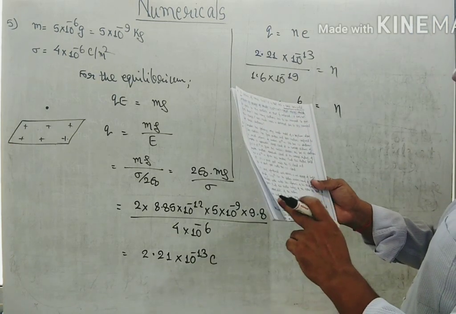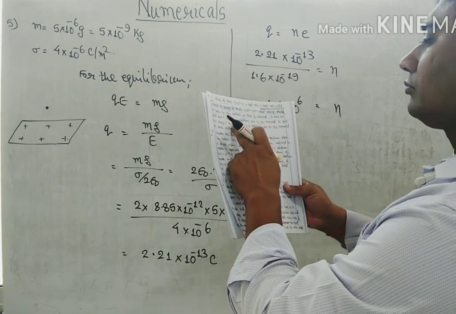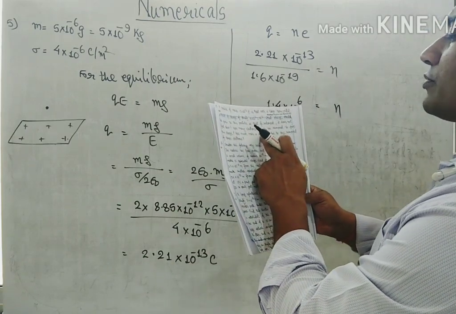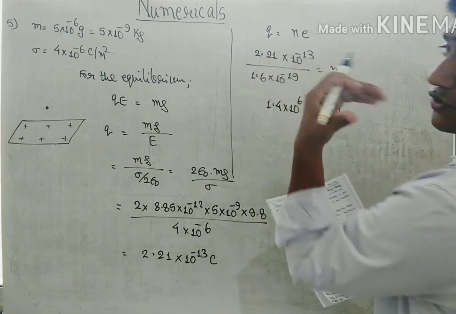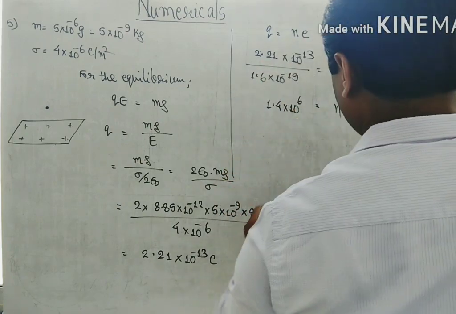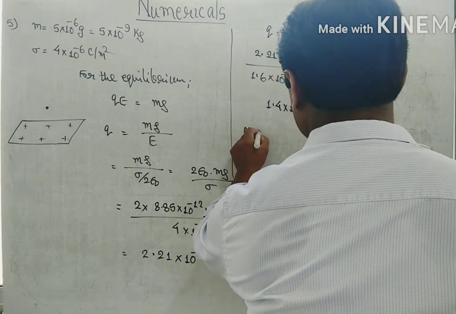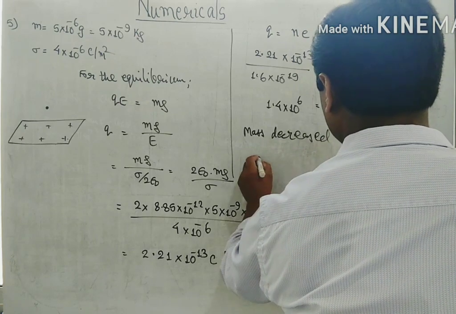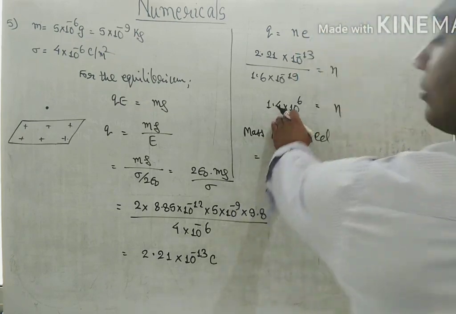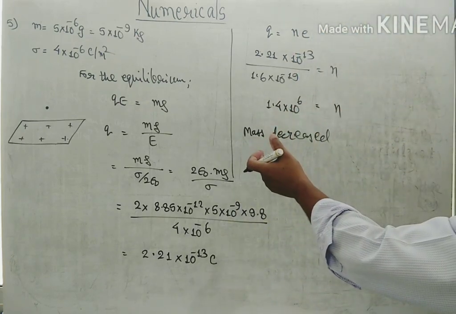Okay, now moving ahead, how much mass is decreased when this many electrons are removed? The mass decreased equals this number multiplied by the mass of one single electron.